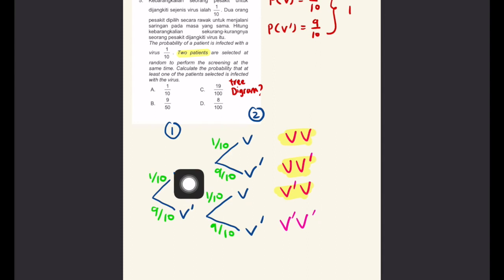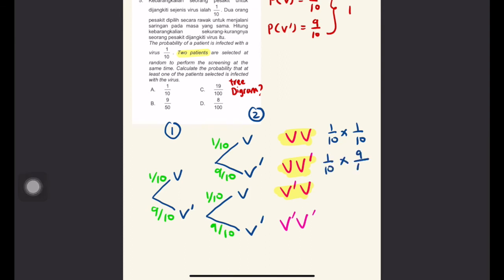Next, let's look. What is the probability if 2 are infected? We can write it as 1 over 10 times 1 over 10, because the first patient is infected and the second is infected, so that's why we multiply. This one is infected and not infected, so we write 1 over 10 and not infected is 9 over 10.